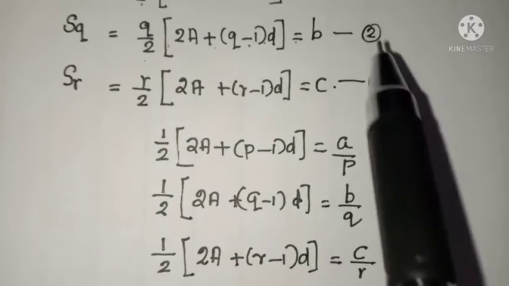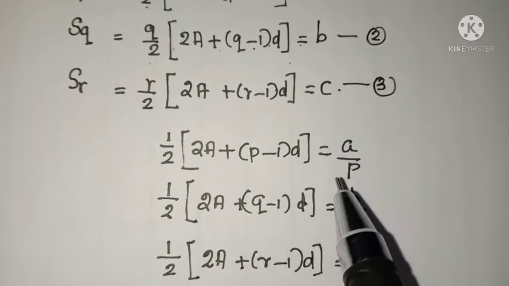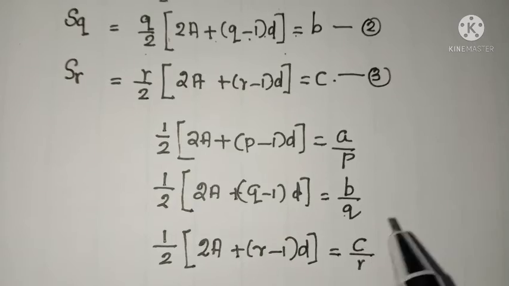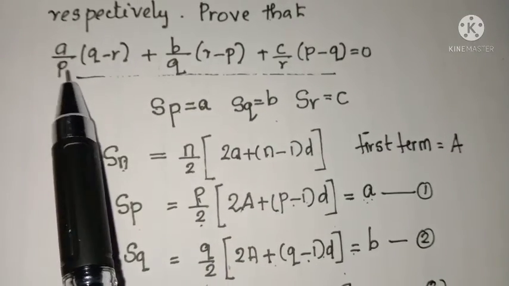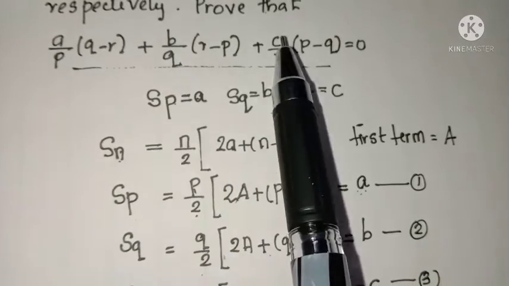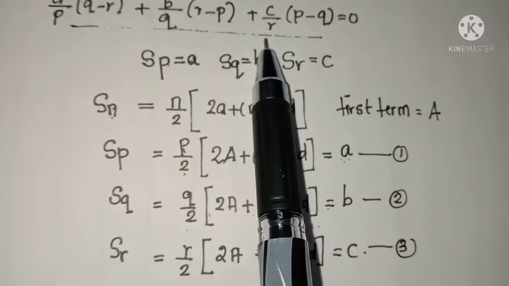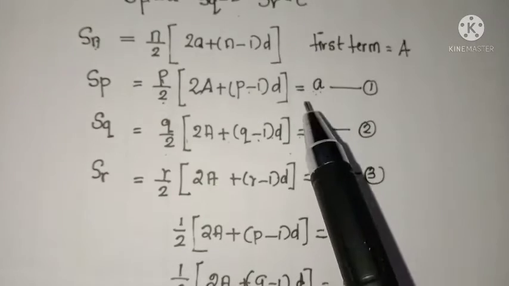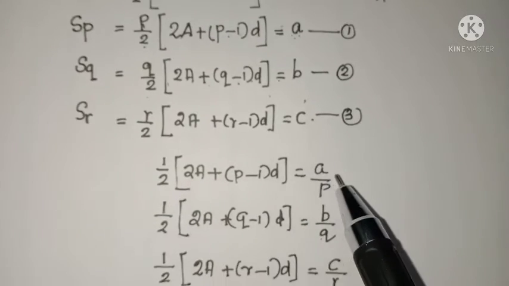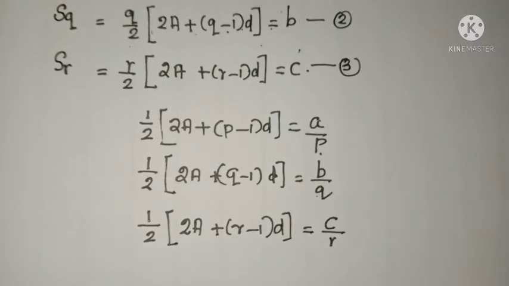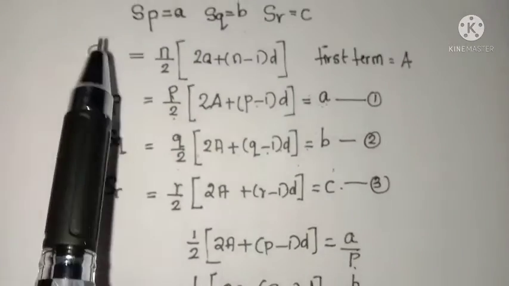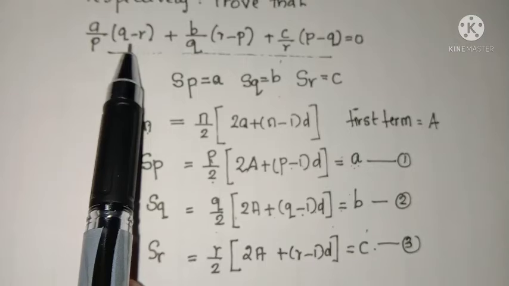We converted these three equations because in our expression we need A by P, B by Q and C by R. Okay students? So we converted these three equations into A by P, B by Q and C by R. Now look here, A by P into (Q minus R).